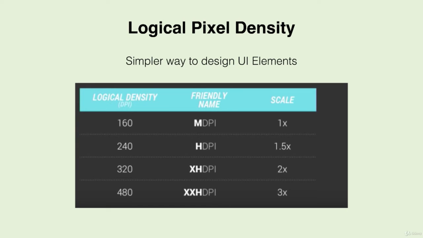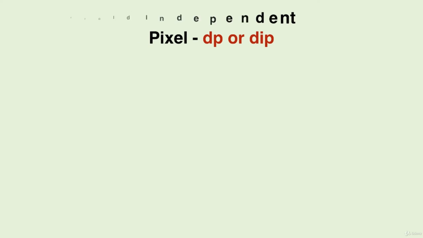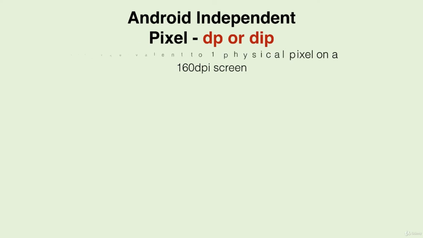Okay, so now that we understand density, let's talk about another topic which is very critical, which is the density independent pixel. The density independent pixel, also named DP or DIP, essentially is a representation of a single pixel unit.